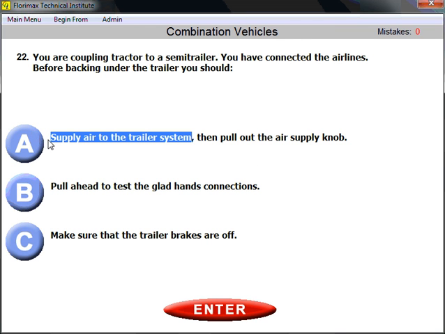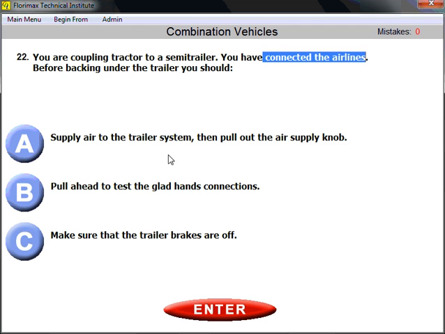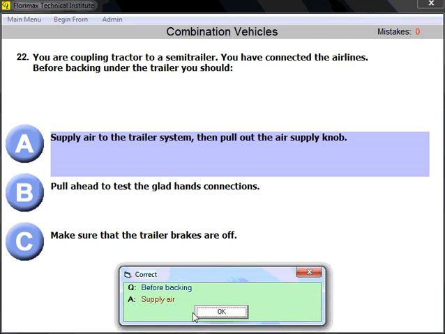But the right answer is the same. You supply air to the trailer system because you connected the air lines. Why did you do it? To supply air, and then pull out the air supply knob. But most importantly, you connected the air lines, you supply air to the trailer system. Supply air before backing.